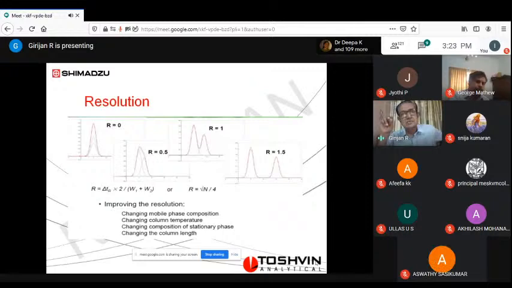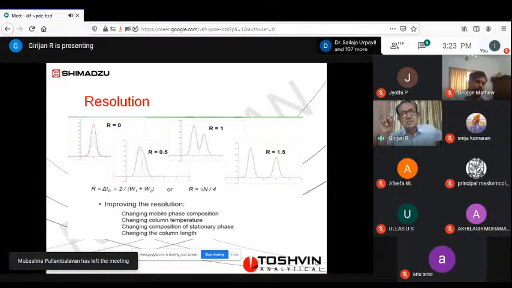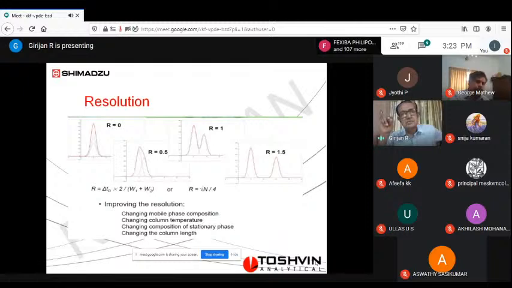That means the resolution is equal to 1.5. If I'm getting a resolution of 1.5, that means my peaks are properly separated on the baseline. It's a wonderful separation. You can see that 2 peaks are well separated on the baseline, and that's called a baseline separation.